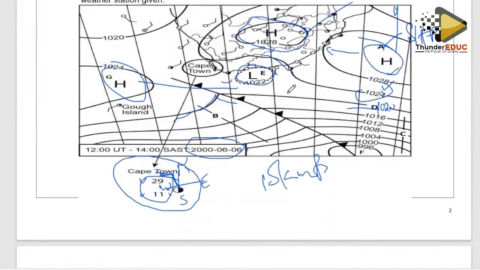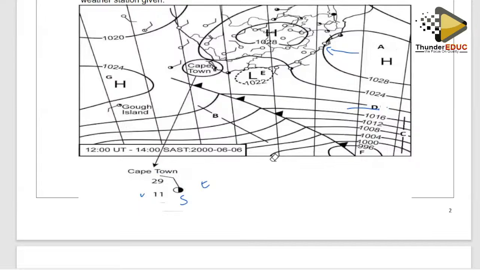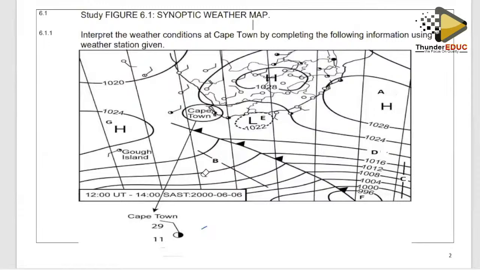And then, does the pressure increase or decrease towards the center of F? Let's look at where F is. Right, let me erase some of the markings on the map to make it a little bit clearer. Let's check where our F is and determine whether the pressure increases or decreases towards the center of F. If we check on our map, our F is located here. This is where our F is.